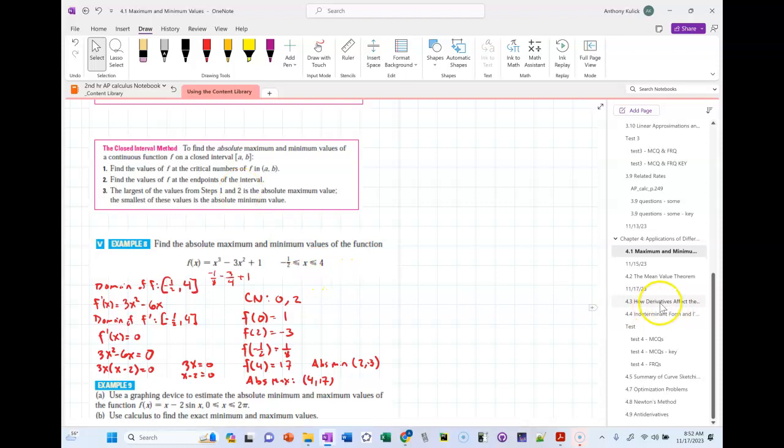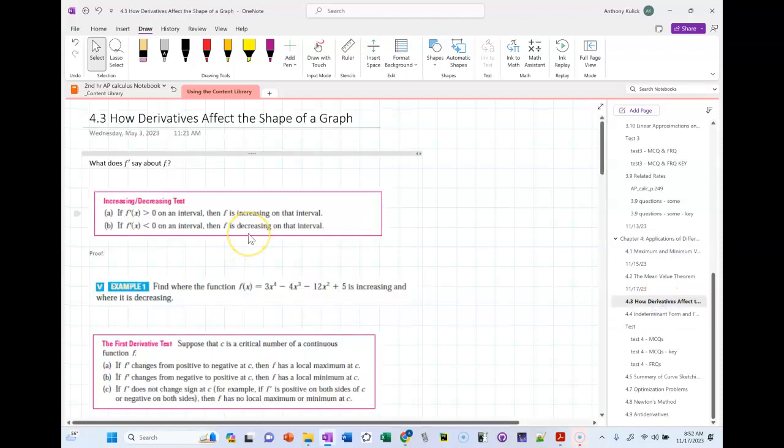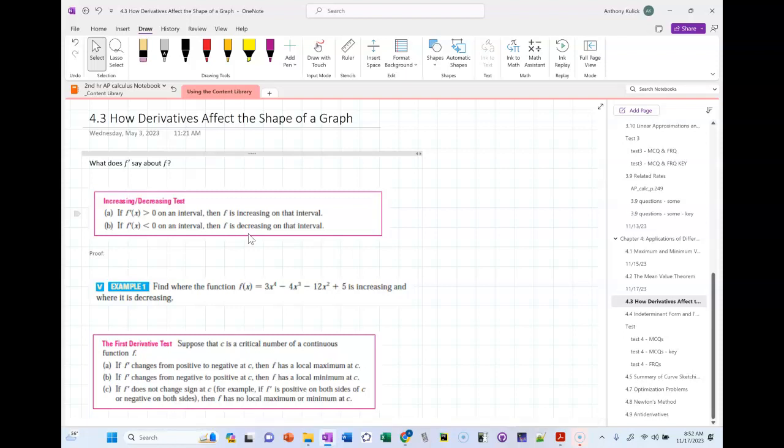But the locals provide a little bit more of a challenge because we can have lots of local mins and maxes, and it's not entirely obvious just from the value of f whether that is a min or a max. So let's take a look at what the first derivative and second derivative can tell us about f and the location of these local mins and maxes.